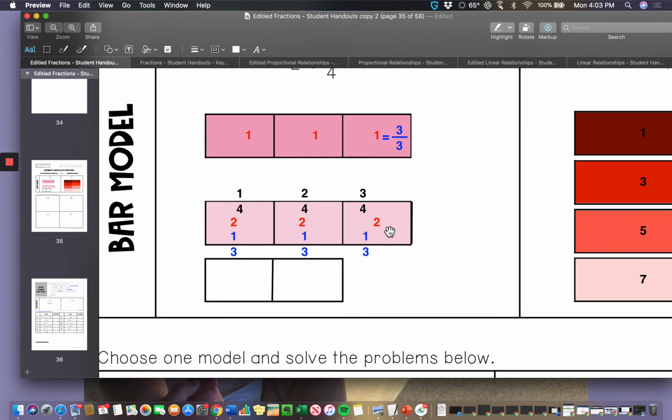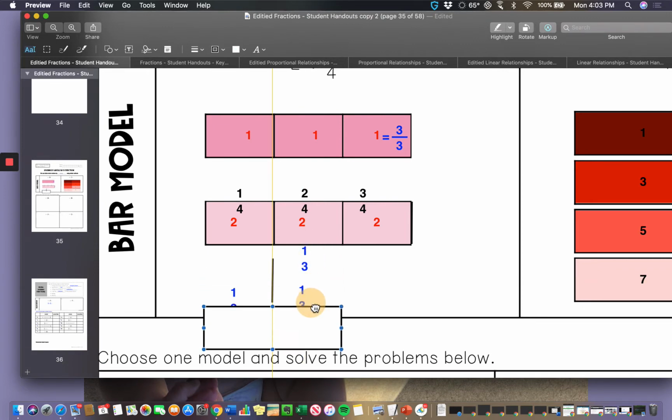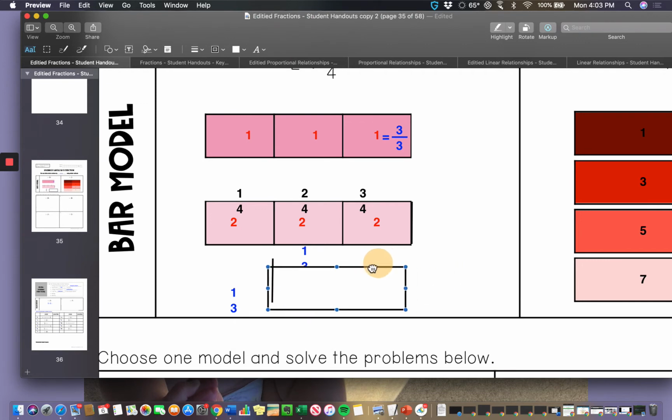Alright, so now I've gotten one whole set, I have two whole sets, and now I don't have a full number here, so I have a fraction here. So I have an extra third and another extra third. My one's disappeared on me. But I think you get the point. That's okay.